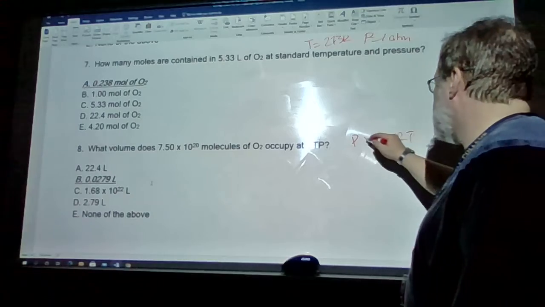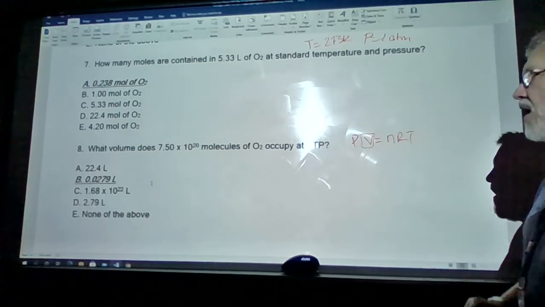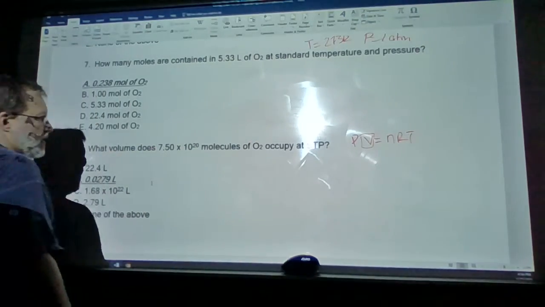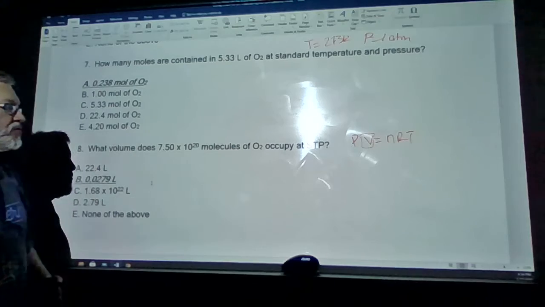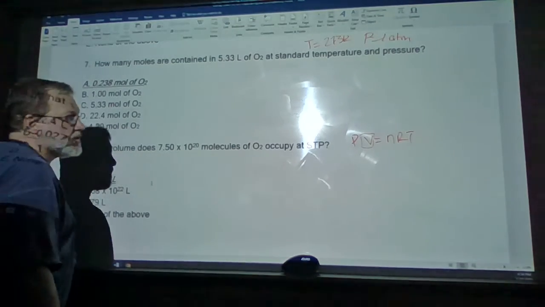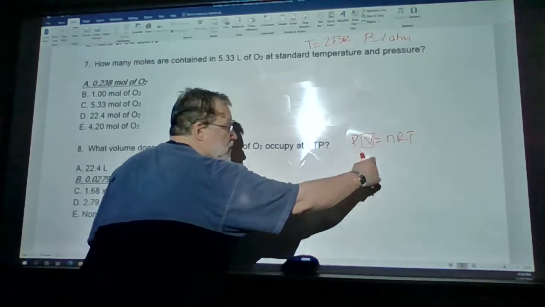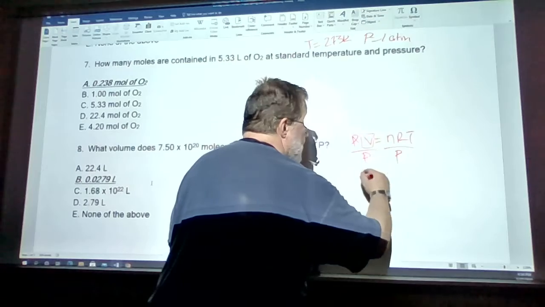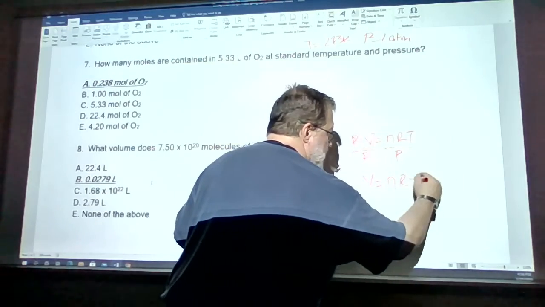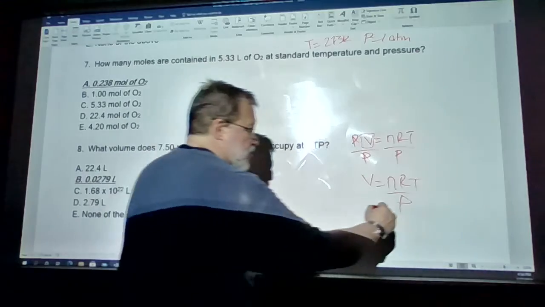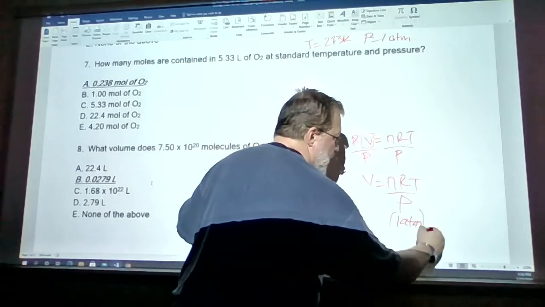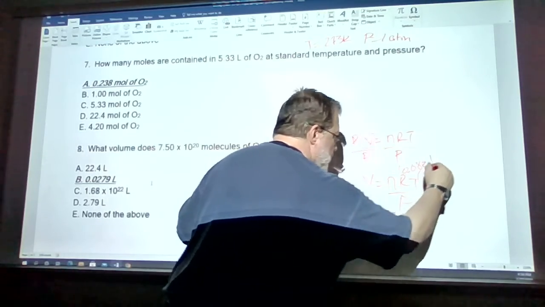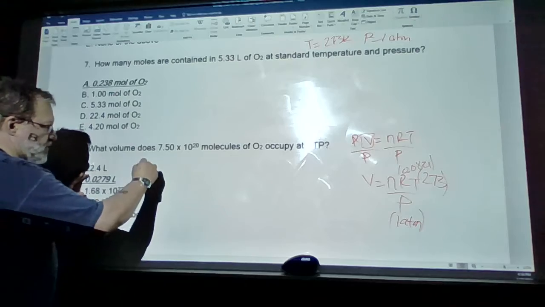It's asking for volume. Avogadro said that 1 mole of any compound has 6.022 times 10 to the 23rd molecules. So if it's asking for volume, we need to get volume by itself. Divide both sides by pressure. Volume equals nRT over pressure. Pressure is 1 atm. Temperature, 273. R, 0.0821. And number of moles.